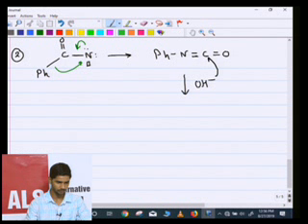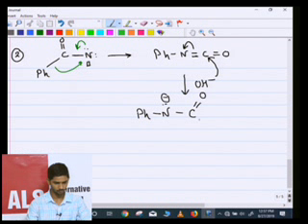OH minus will attack this carbon. This electron pair will shift over there. You will get PhN negative charge, C double bond O, OH.